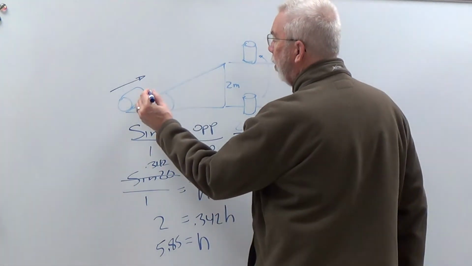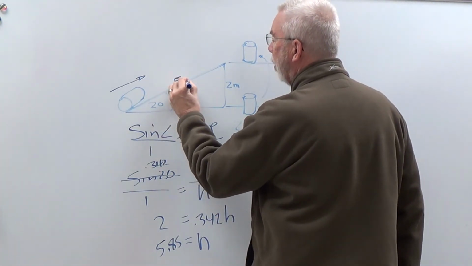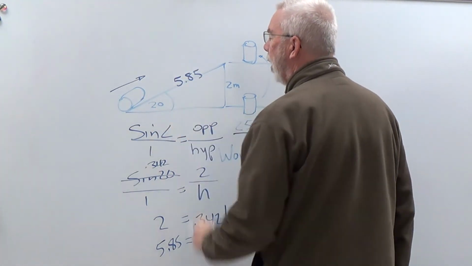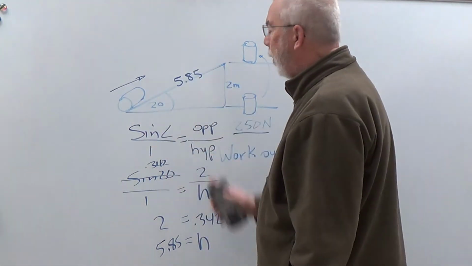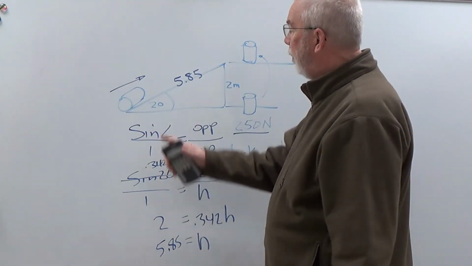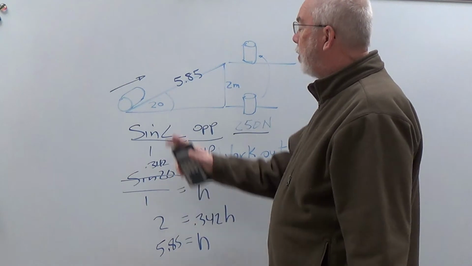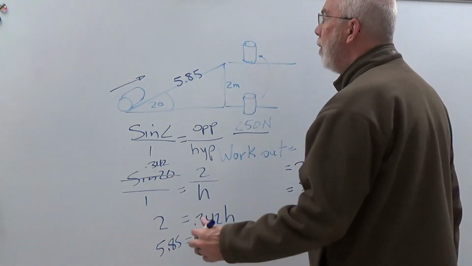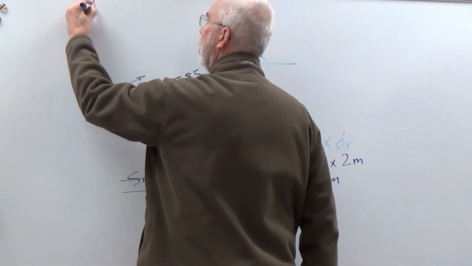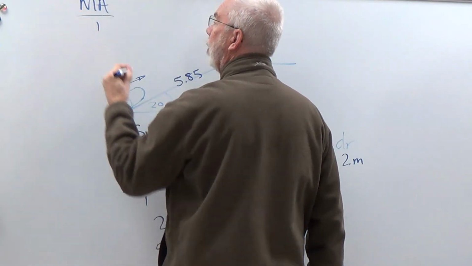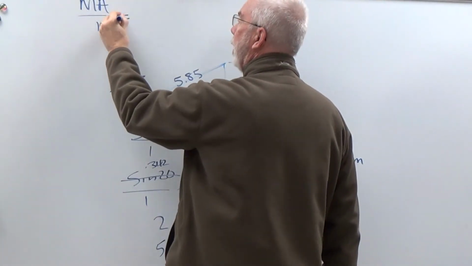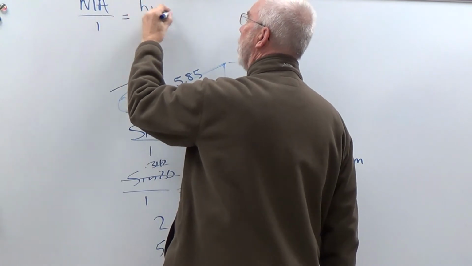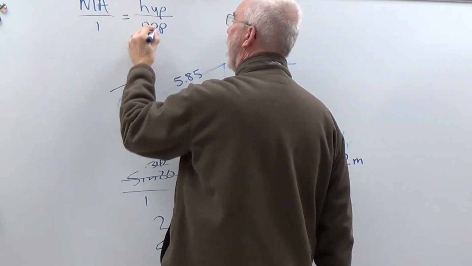So now we know that we're going to have to roll that barrel up the inclined plane 5.85 meters. It's a longer distance, but it should be a lesser force. Now, the mechanical advantage for an inclined plane is the hypotenuse divided by the opposite side.